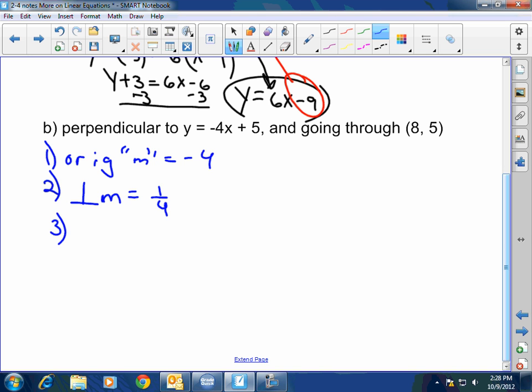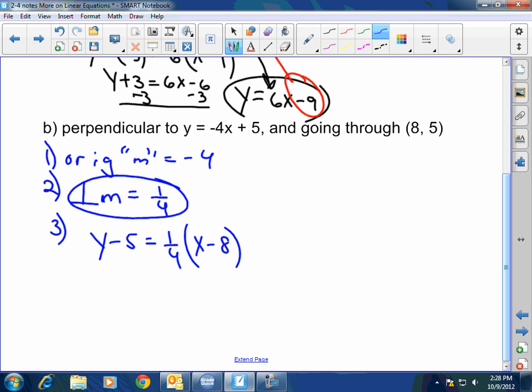Step 3, plug it into point-slope form. y minus y1 equals m times x minus x1. Remember, you're using the new perpendicular slope. So now, y minus 5 equals 1/4 times x minus 8. Add the 5 to both sides. y equals 1/4 x plus 3.